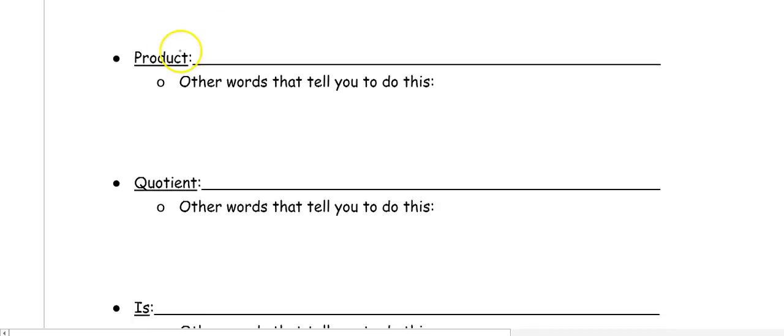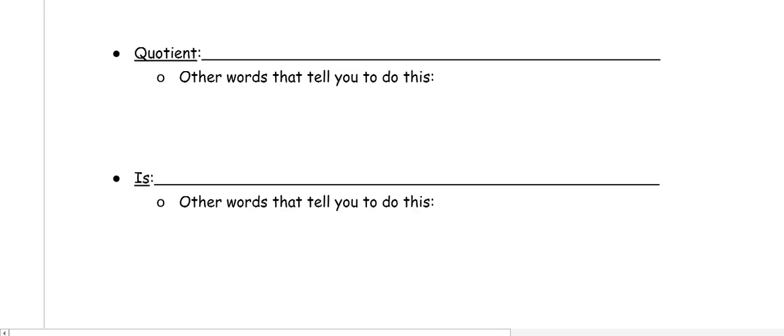Our fourth operation, product, is going to represent multiplication. Other words for product we can also use are times or multiply. Quotient then is our last operation, which is division. And other words that we can use for quotient are divide or divided by.